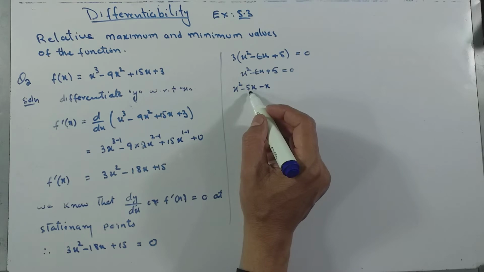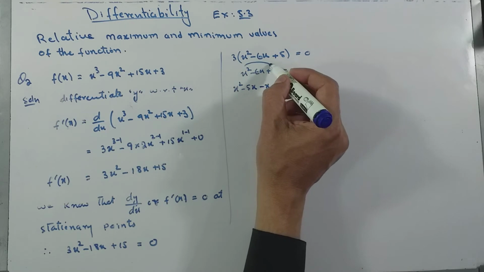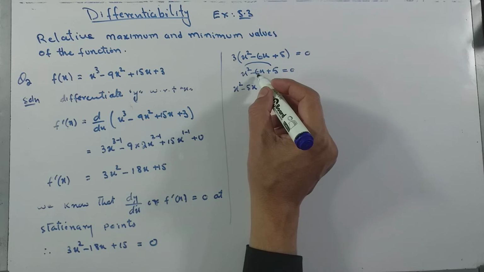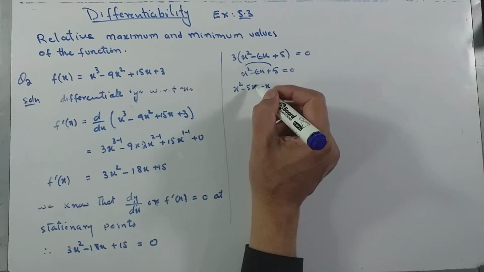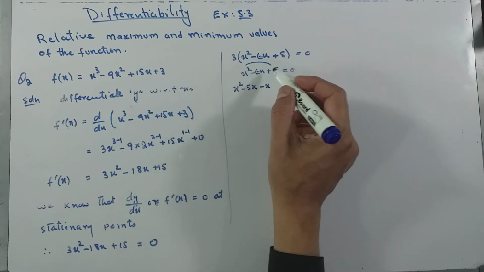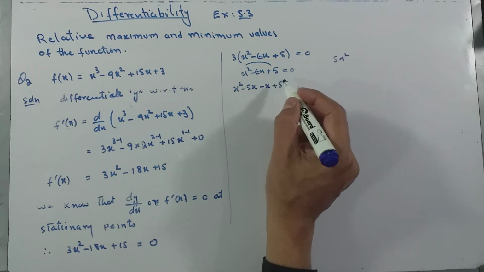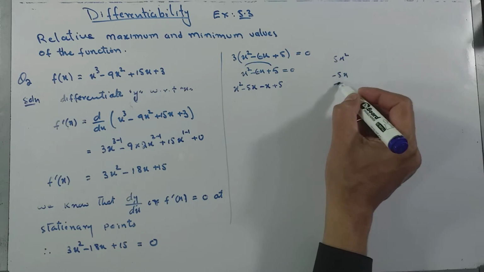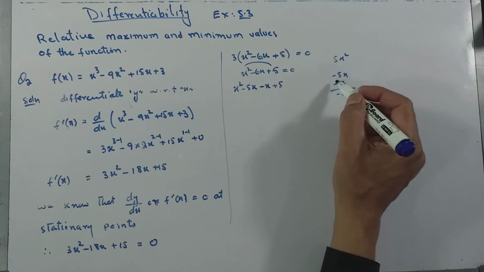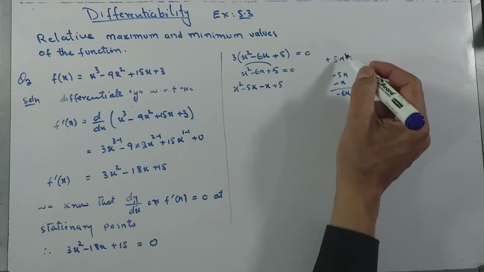When we add both of them, we will get minus 6x, and when we multiply them, we will get the product of the first and the last one, which is 5x square. So plus 5. These are two things, minus 5x and minus x. When we add up both of them, we will get minus 6x, and when we multiply both of them, minus times minus is plus, 5 times 1 is 5, x into x is x square.